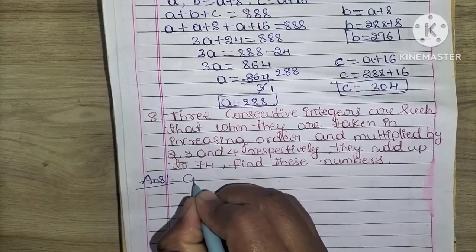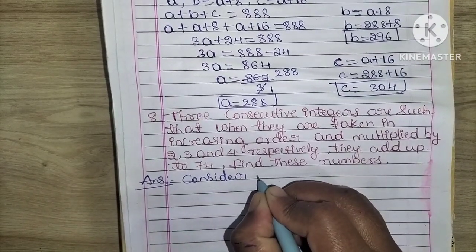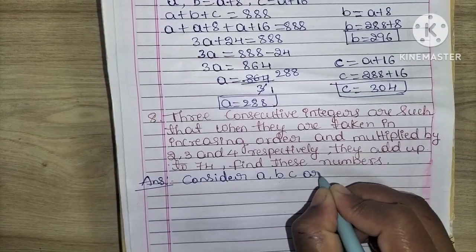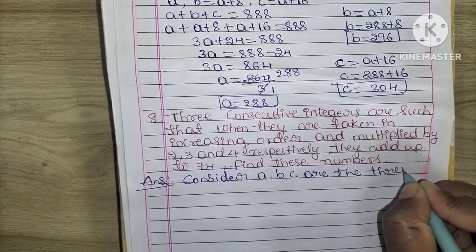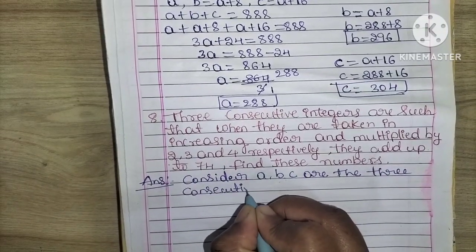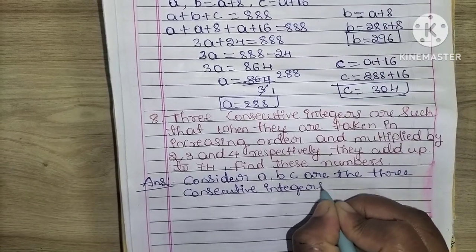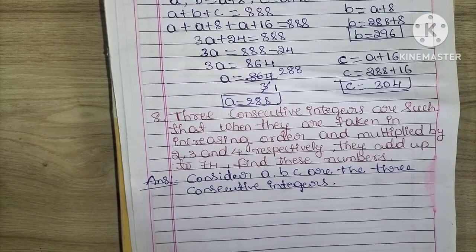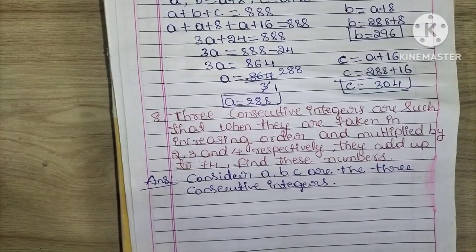So consider A, B, C as the three consecutive integers.